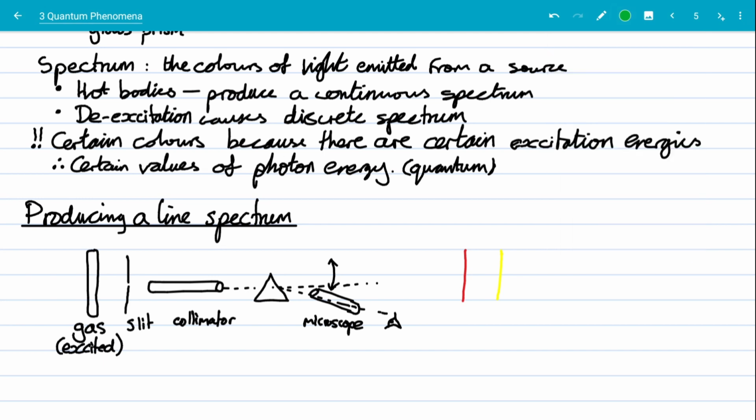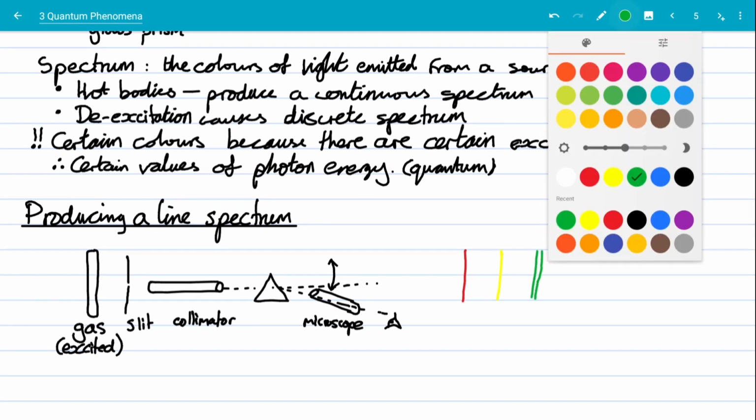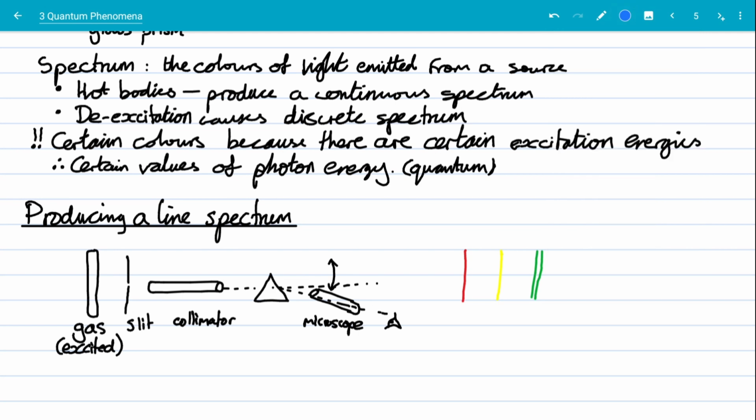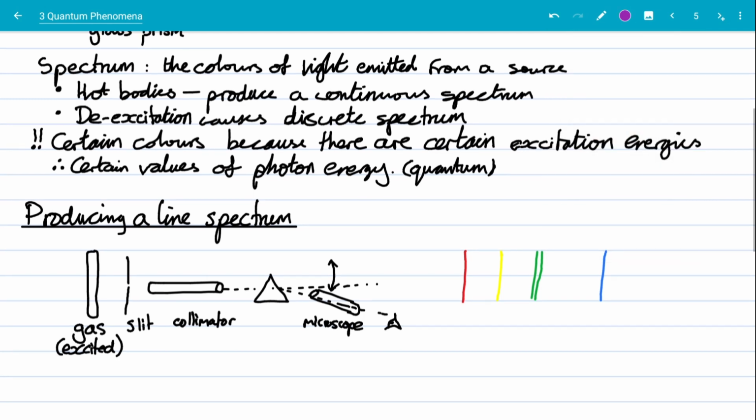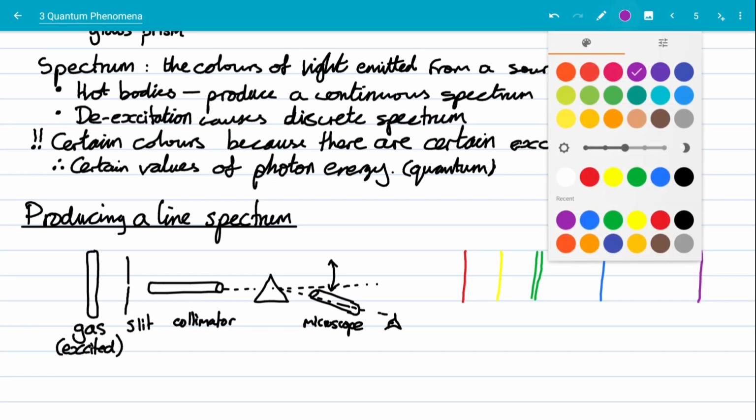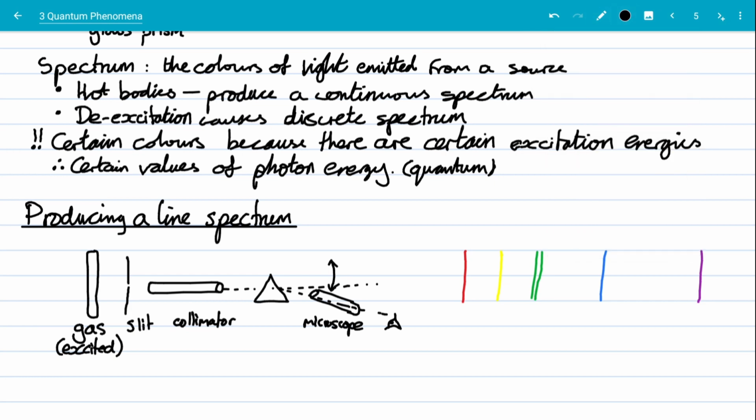There'll be gaps between them. You might get a few green lines, perhaps. It depends on what you're looking at. Maybe a bit of a blue line, and then you might get a purple line. And of course, there will be lines that you can't see. But because you can't see them, we can't draw them. They're invisible light, infrared, ultraviolet, that sort of thing.